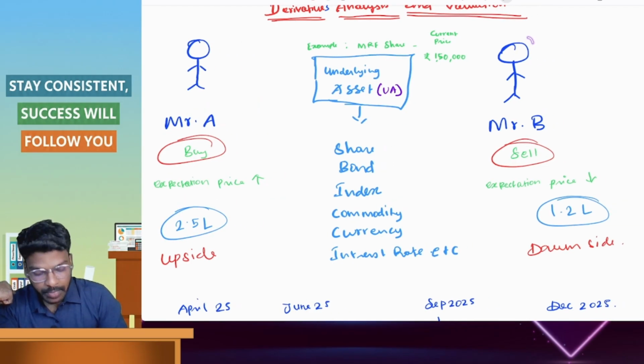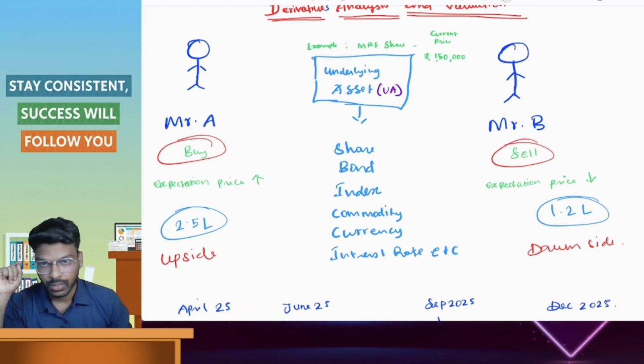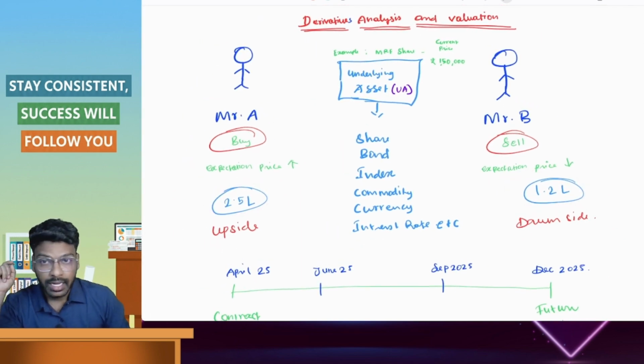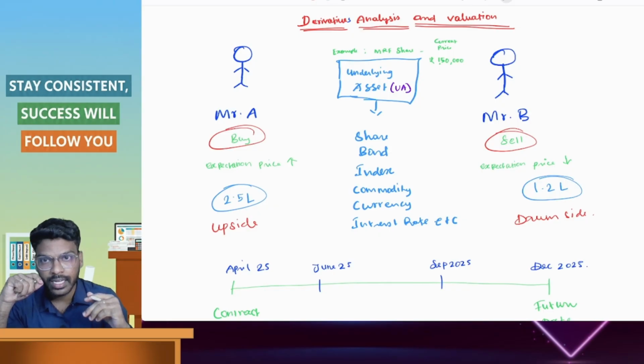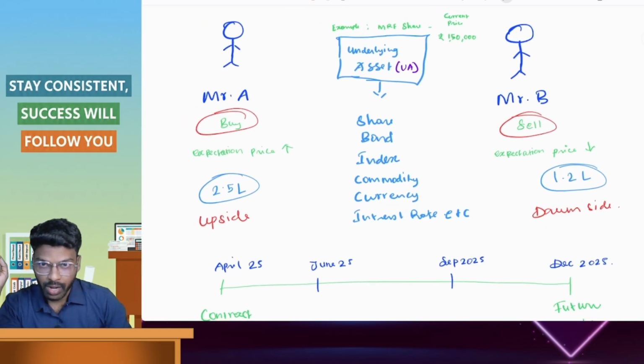But Mr. B has an expectation that the price will decrease to 1.2 lakh. Okay, this is the expected price. Then they will enter into a contract. There are forward contracts and also futures contracts. I will explain them later. This is the derivative contract example.